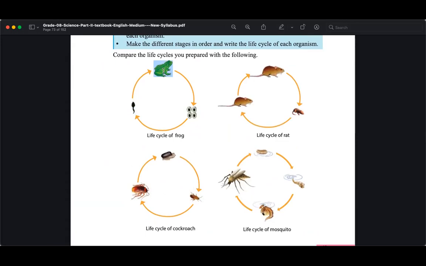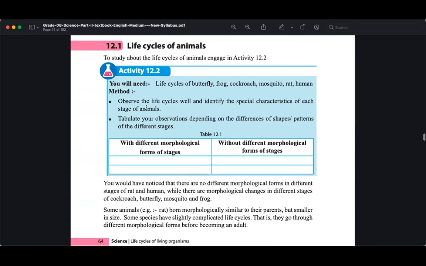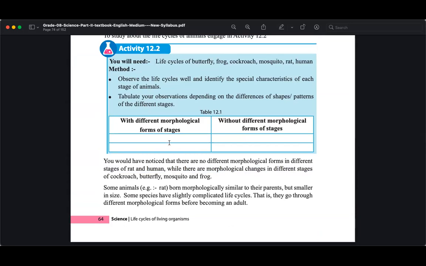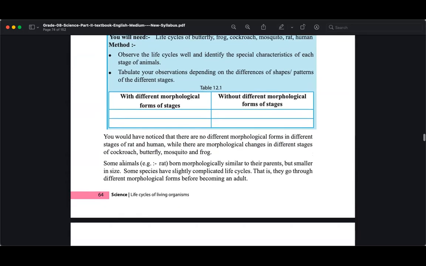Because when you see different stages, you can see them as two animals, but it's not. Basically, they are passing through morphological transformations, morphological changes in the different stages of the cockroach, butterfly, mosquito and frog.